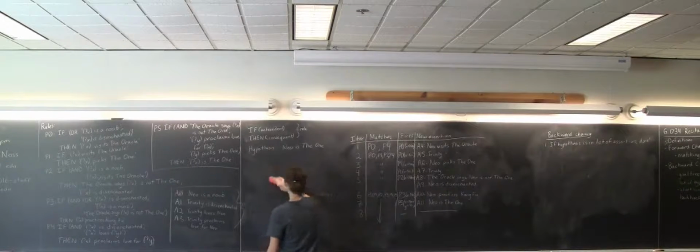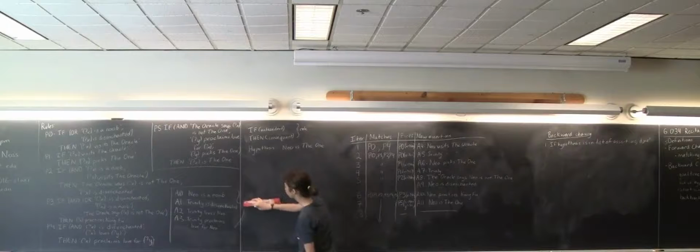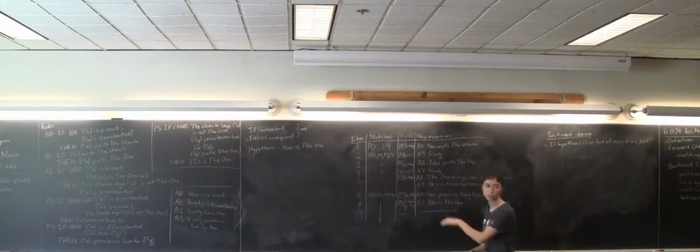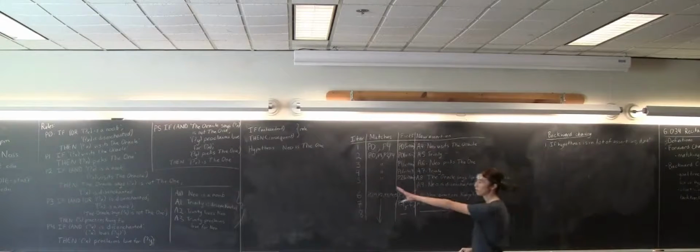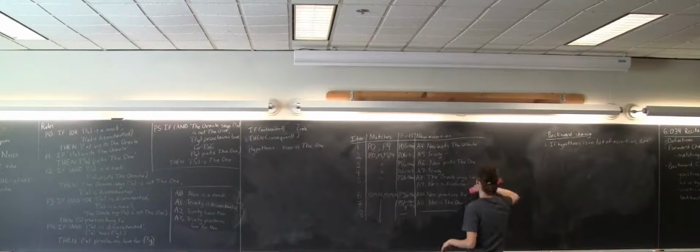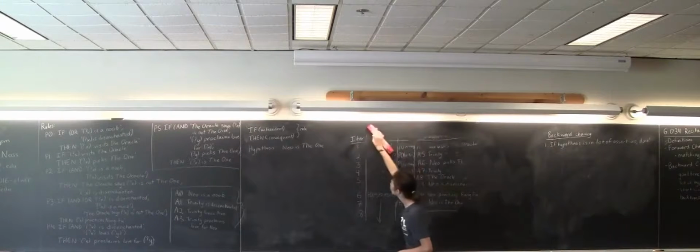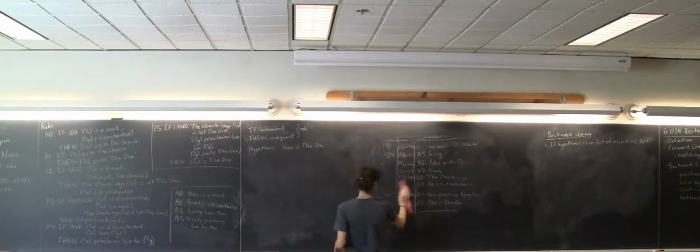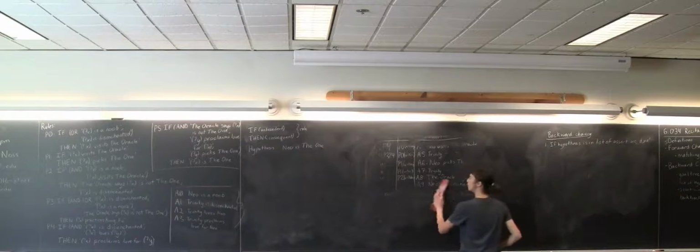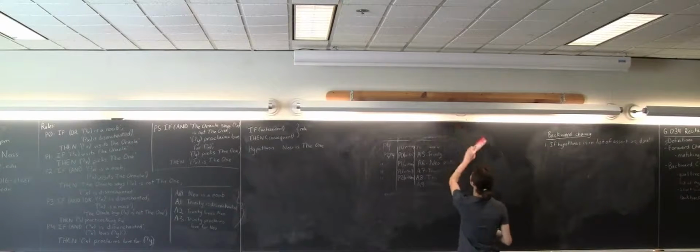We're going to reset our list of assertions to be just these four. The forward chaining added a bunch of assertions, but in backward chaining, you'll only have those starting assertions, and you'll never add new ones. So is Neo is the one in the list of assertions? No, so we're not done. We have to keep going.